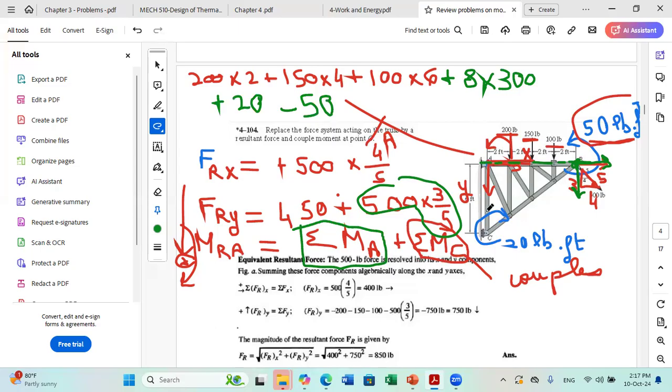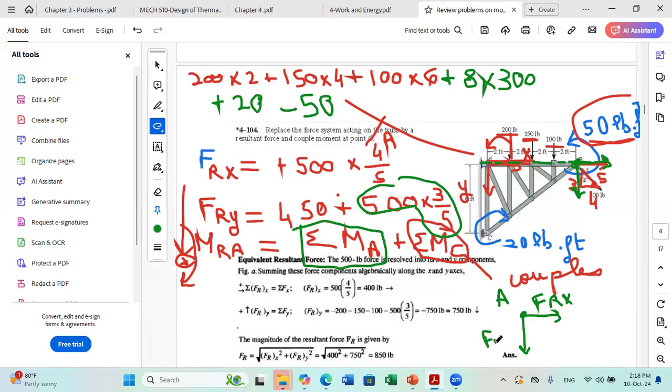So now if I want to present my equivalent system, I say I was able to reduce my system to A, and I present at A the following. I have FRX, I have FRY, which is downward, and according to my summation, I get a positive result in clockwise direction.